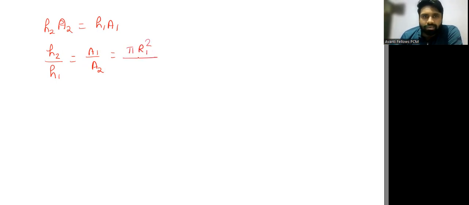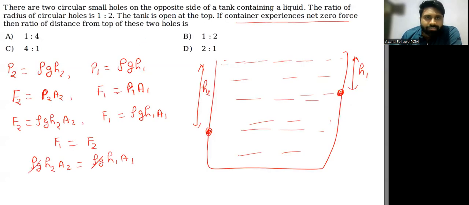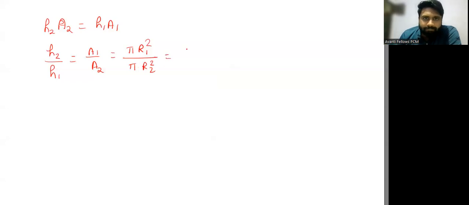The holes are circular, and A2 is pi R2 square. The radius of this will be R2 and this will be R1. So R2 by R1 is given as 1 by 2. So here pi and pi will cancel out.